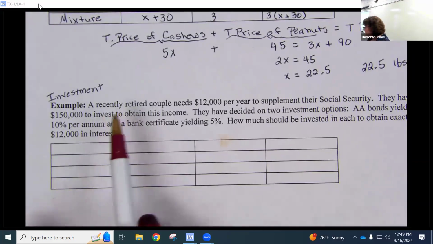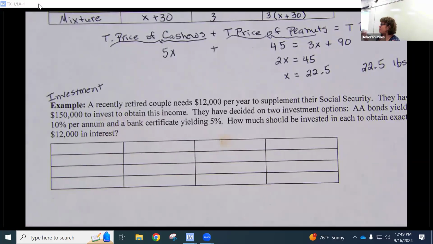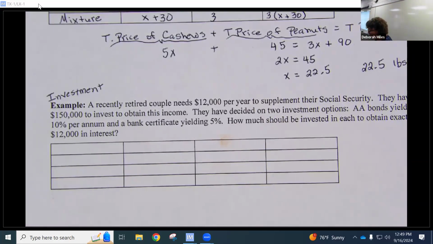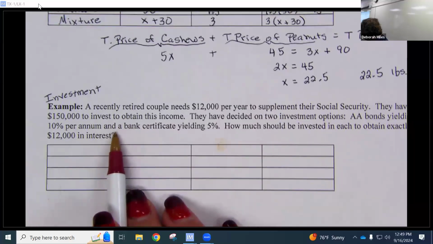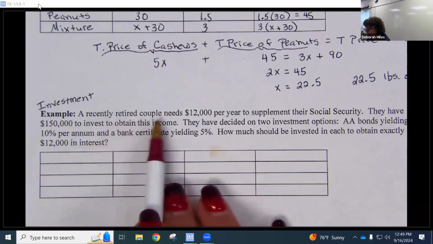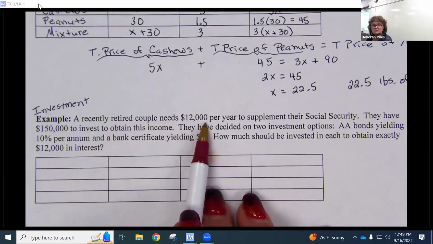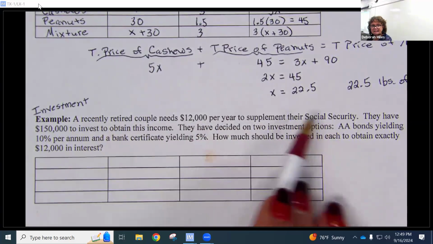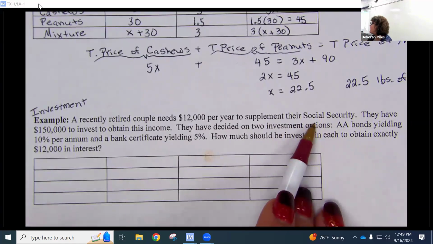An investment problem is just a special kind of mixture problem. I'm mixing money from 2 different accounts instead of mixing cashews and peanuts. It says a recently retired couple needs $12,000 a year to supplement their Social Security. They're getting their Social Security, but it's not quite enough to live on.